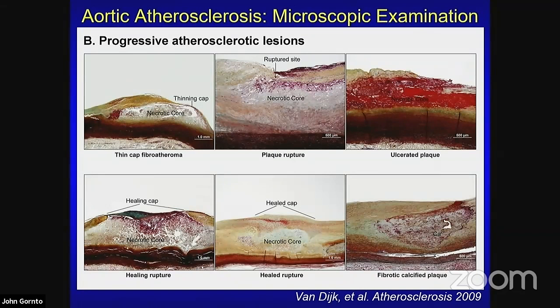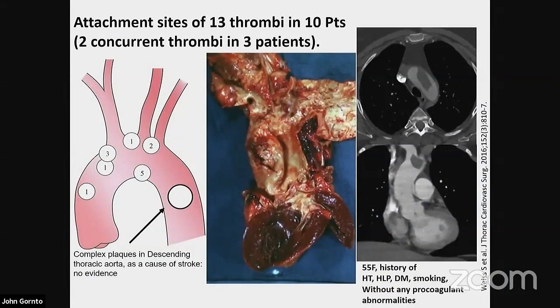So this is just the histology of the different plaques, similar to what I showed you in the coronary, carotid, and peripheral arteries, all of them. This is my last slide, basically showing the sites of attachment of 13 thrombi in 10 patients. Basically, it is all in the arch. In the descending aorta, there were no atherosclerotic plaques that had embolized.